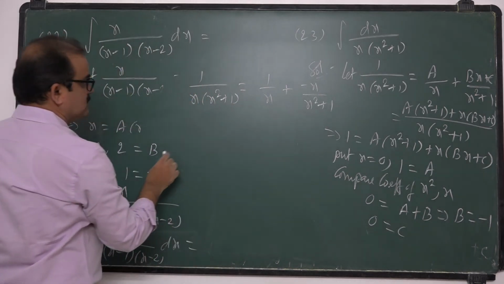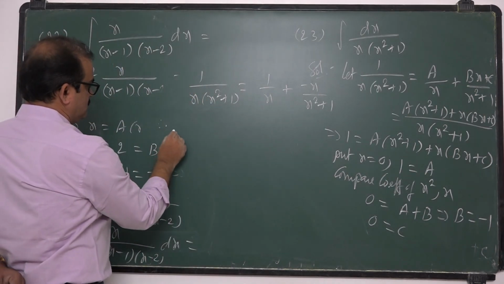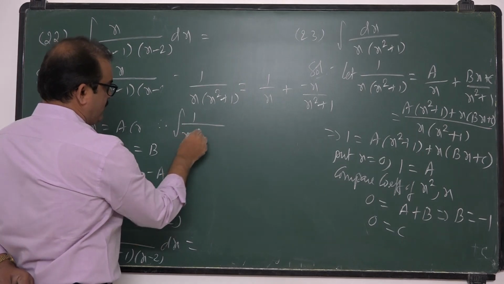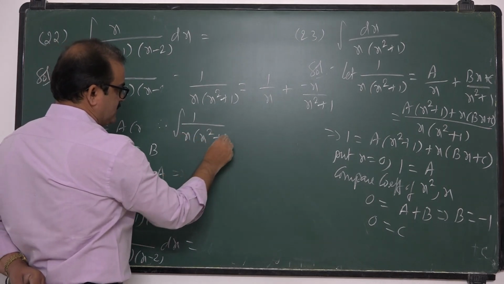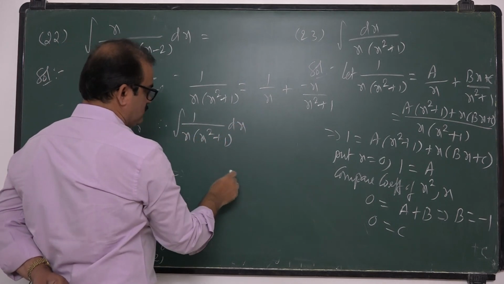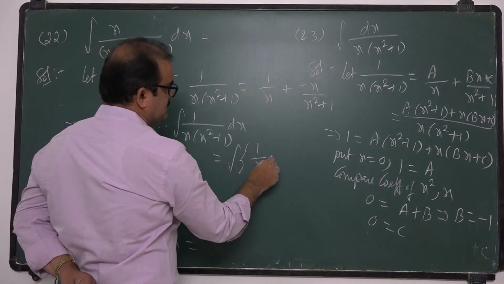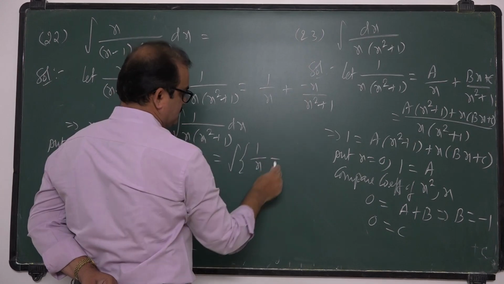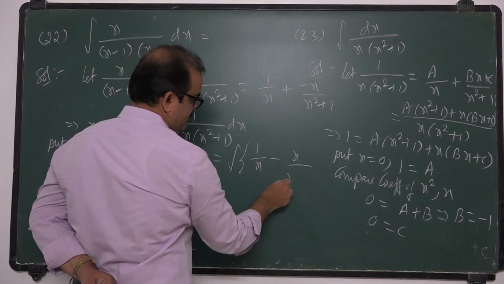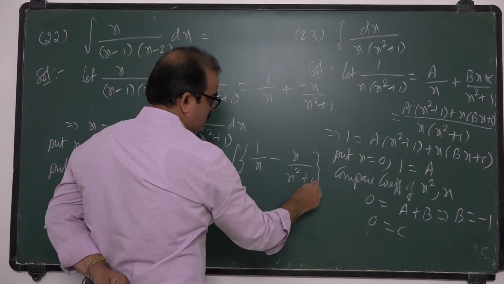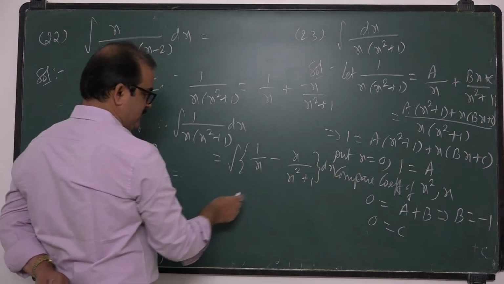Now integrate both sides. Integral of 1 by x into x square plus 1 dx is equal to integral 1 by x plus minus x by x square plus 1 into dx. Integrate separately.